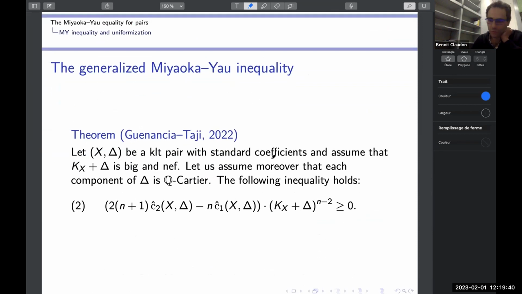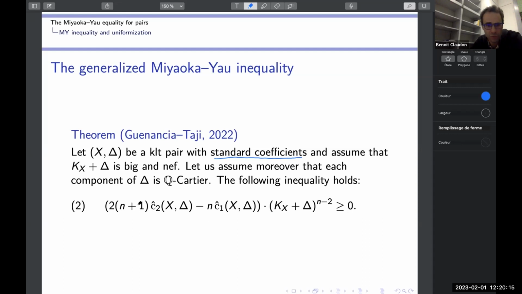So it was proven by Henri Guenancia and Verustagi, that if you start with a KLT pair, as always with standard coefficient, and we assume that the canonical bundle of the pair, so Kx plus delta, is big enough, then formally we have the same inequality.